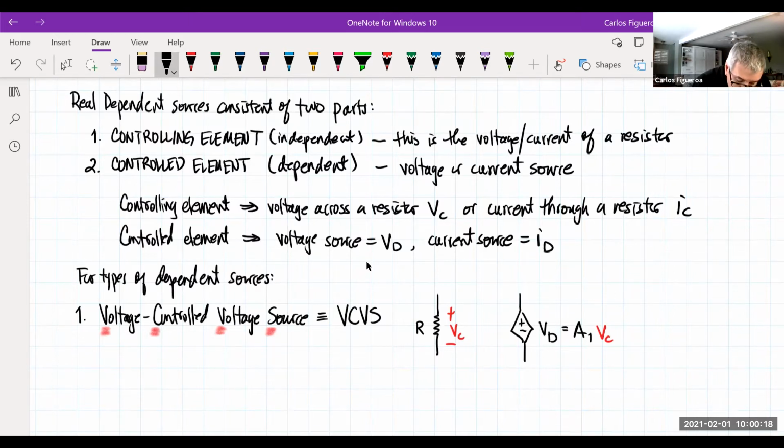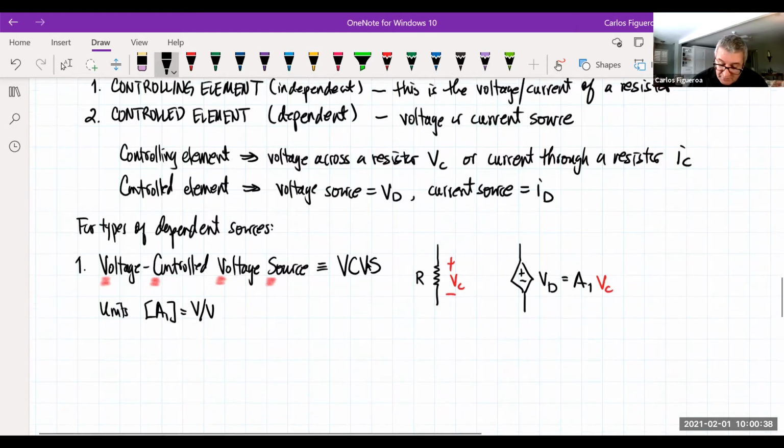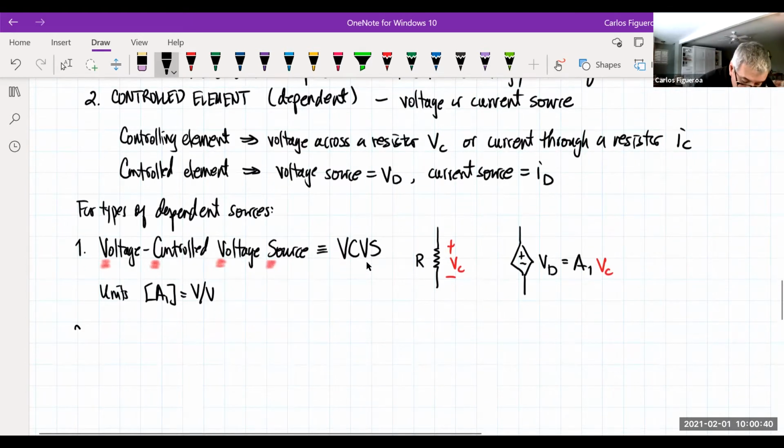So if I look at the units of A1, it must be volt per volt. So A1 is a scalar. So the voltage across the resistor, which is the controlling element, is what controls this voltage source here. So then we can have another one. The other one that we could have, instead of a voltage controlled, it could be a current controlled.